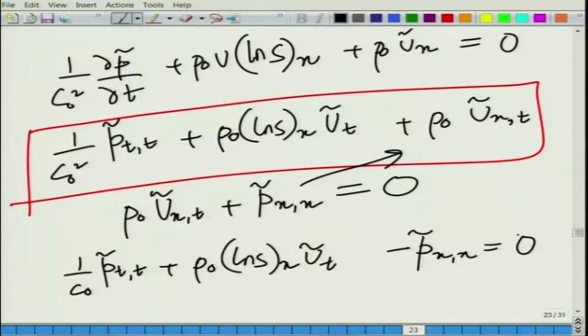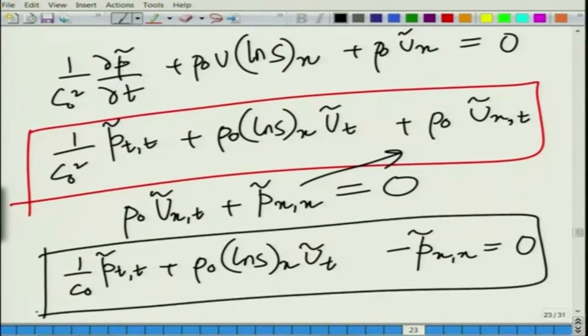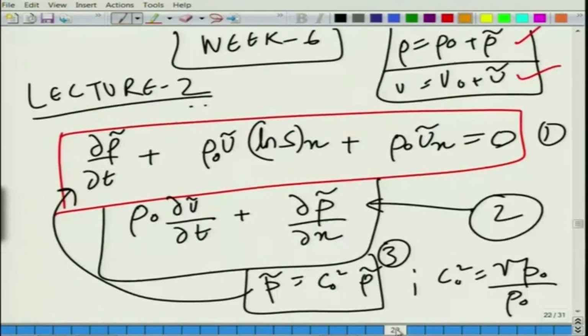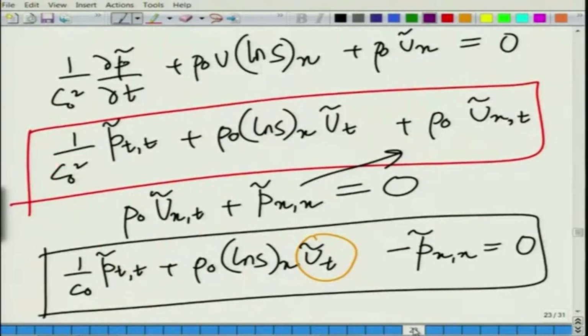So, we get this thing, but then we still have this term sitting here. So, what do we do with it? We again resort back to rho naught times u tilde. Obviously, in a compact manner it can be written like this. This can be simply put as minus p tilde x. So, we can definitely do that.